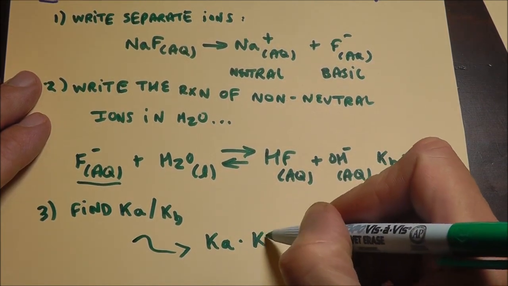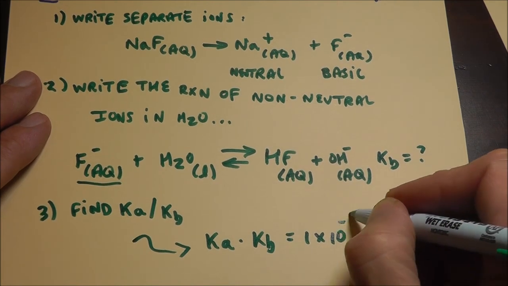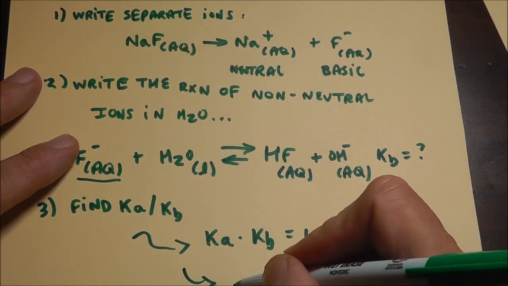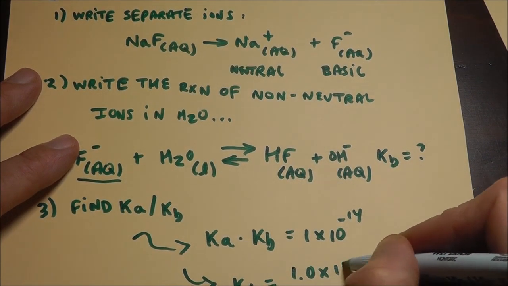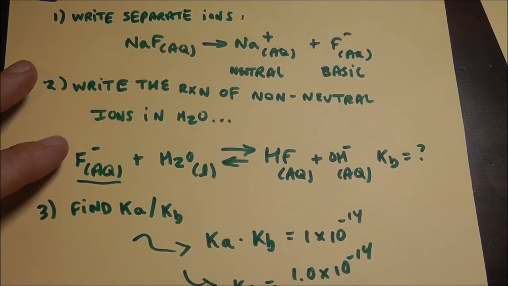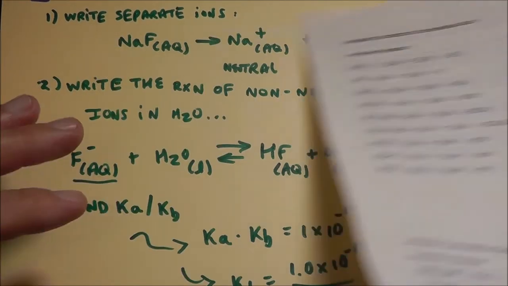Ka times Kb equals 1 times 10 to the minus 14. From the chart, I have Ka. Kb is going to be 1.0 times 10 to the minus 14 divided by 3.5 times 10 to the minus 4.